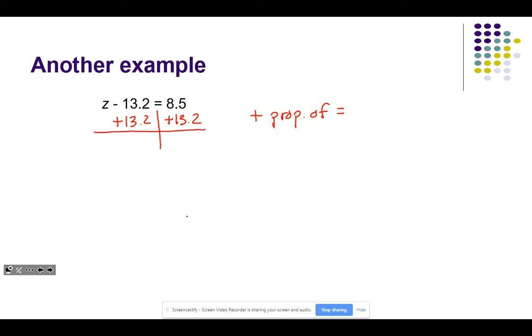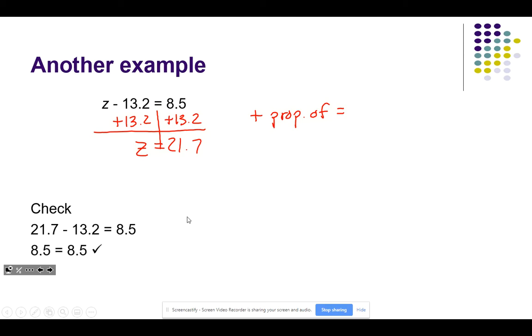That's acceptable if you'd like to do that. Z in this case is equal to 21.7. To do my check, I plug in 21.7. And in my calculator, I do 21.7 minus 13.2 and get 8.5.